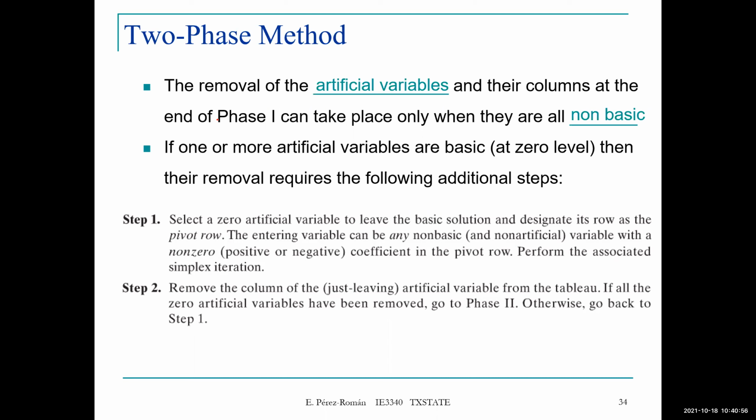The entering variable can be any non-basic, non-artificial variable with a non-zero, positive or negative, coefficient in the pivot row, and we perform the associated simplex iteration. Remove the column of the just leaving artificial variable from the tableau. If all the 0 artificial variables have been removed, go to phase 2, otherwise go to step 1.